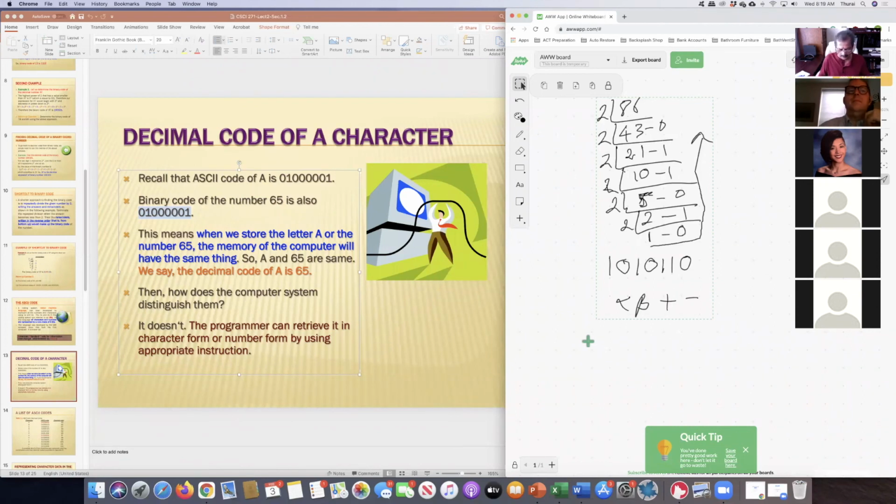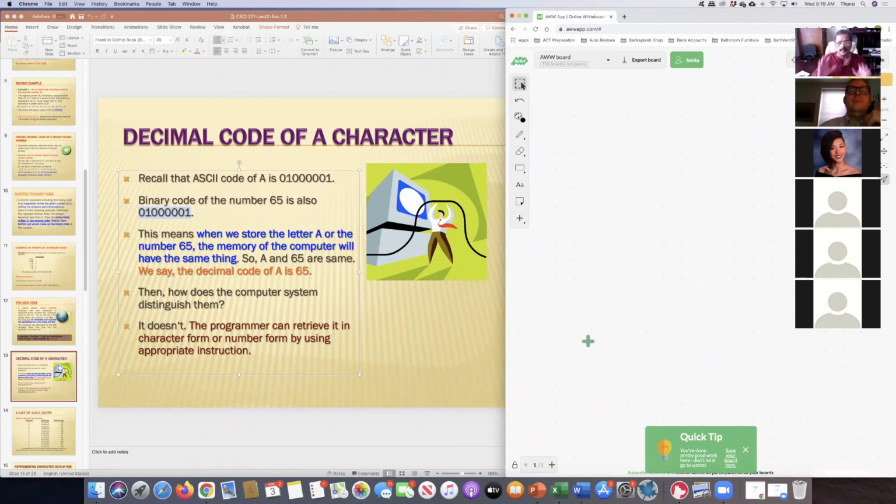The computer doesn't need to know anything. Basically, you store the A or 65, and it'll have these bits in there. Does it know whether it's a character or a number? No, it doesn't. It's the programmer who knows what he or she has stored. And then if you want to get it out in the same format, you can get it out.